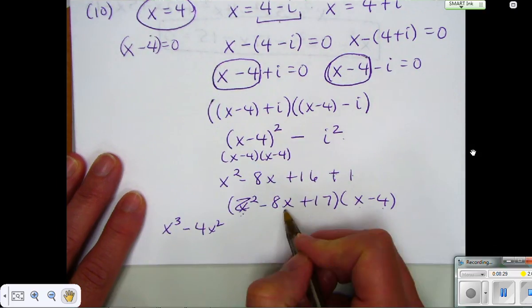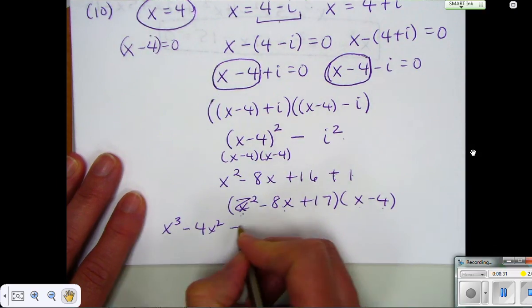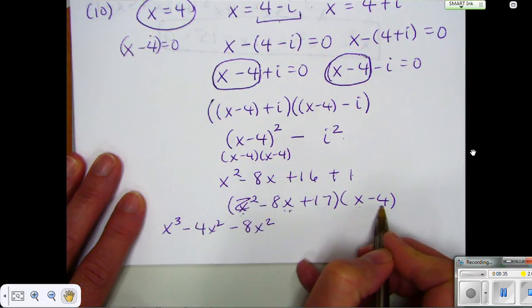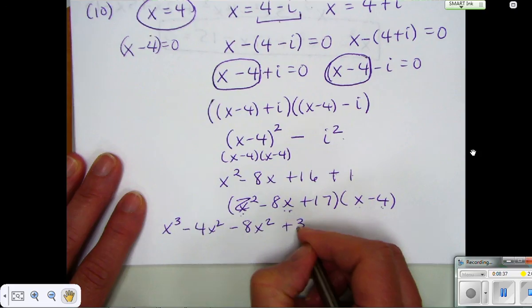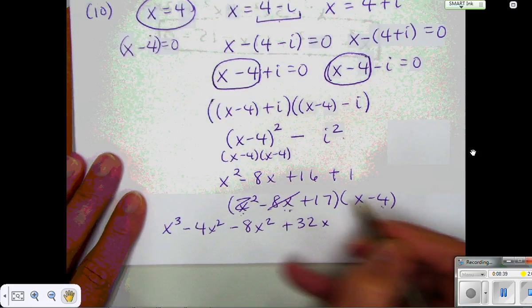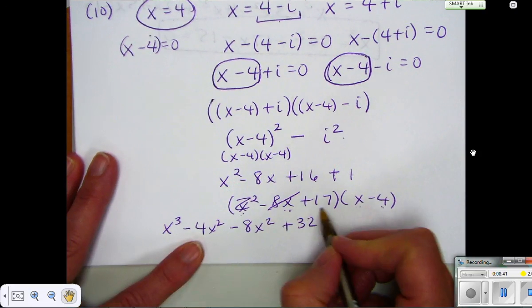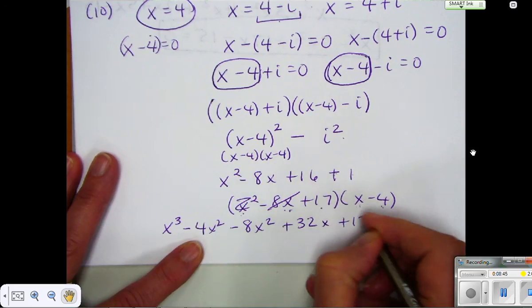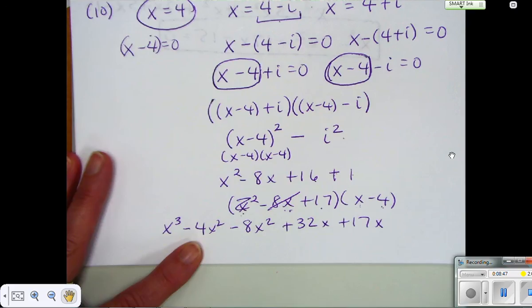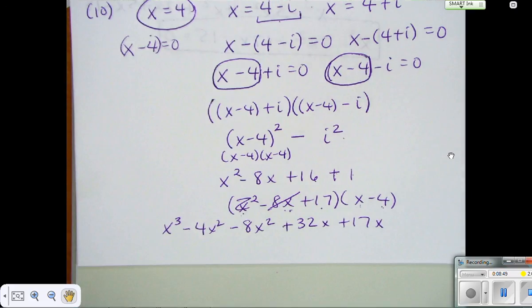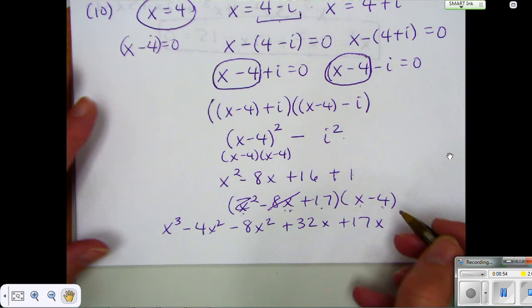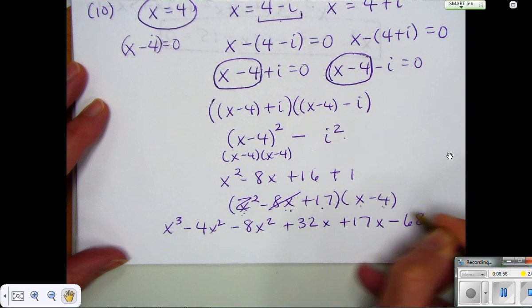Negative 8x times x is minus 8x squared. Negative 8x times negative 4 is plus 32x, and I'm done with the 8x. Okay, my last number, 17 times x is plus 17x, and 17 times 4 is 68, so that's minus 68, and I'm done with this last term.